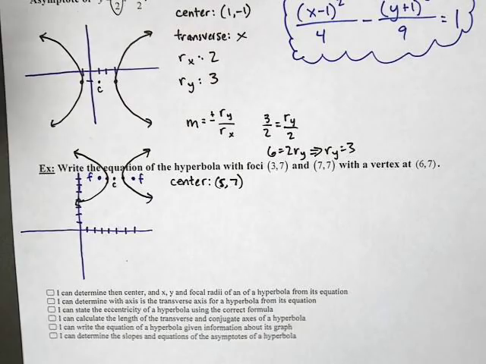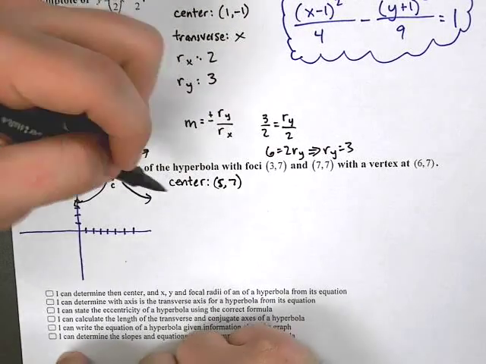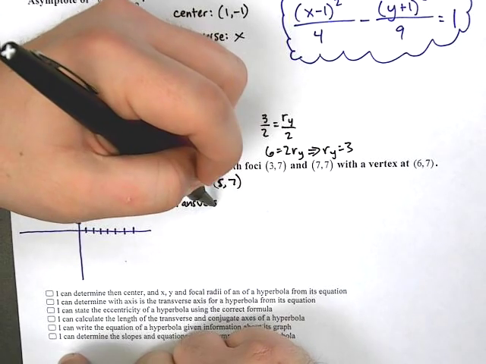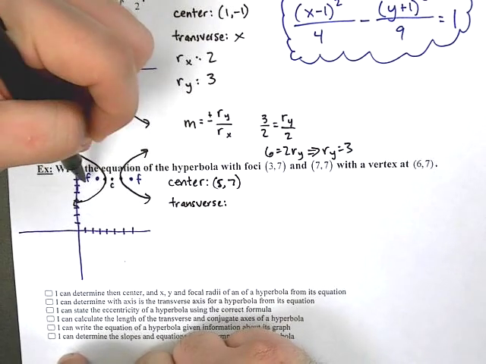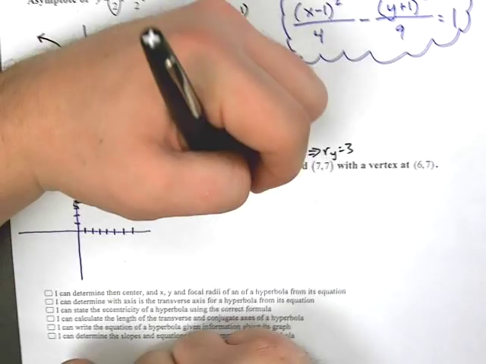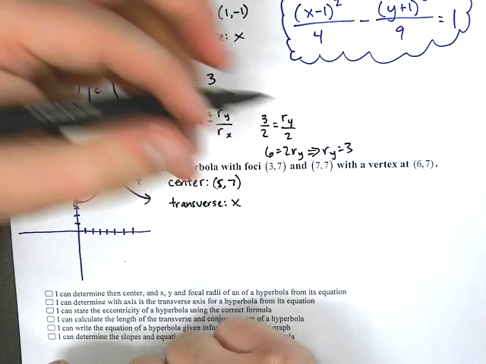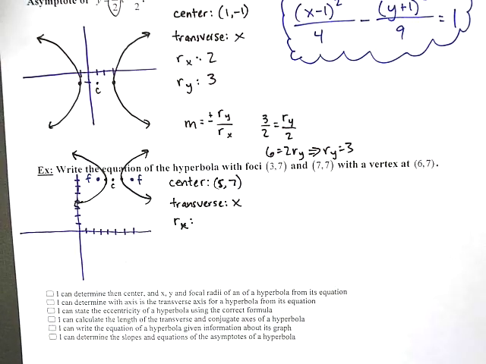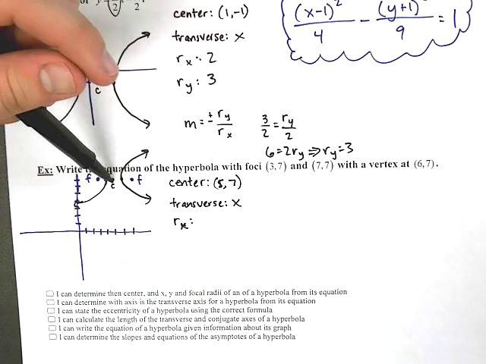So let's go through and see what we have. Once again, we know our transverse is x. We know because that's where the foci, the vertices, and the center are. All right, transverse is x. We also know r sub x. R sub x is the distance from center to vertex, 1.